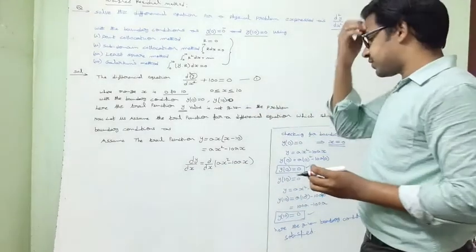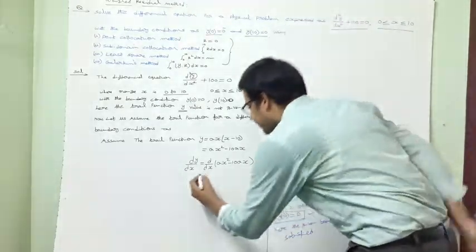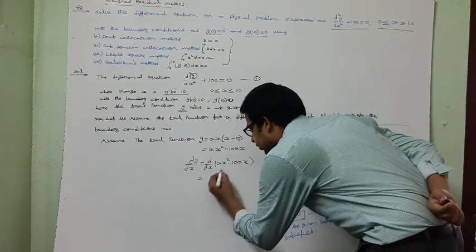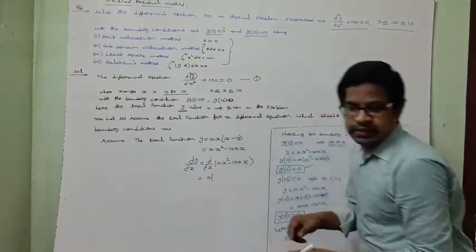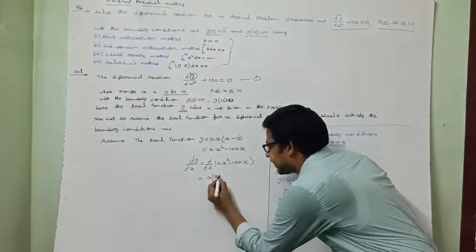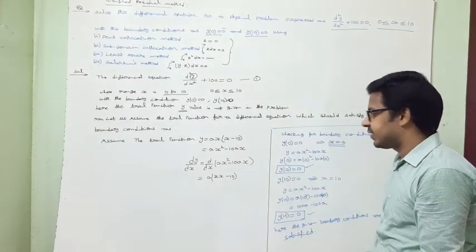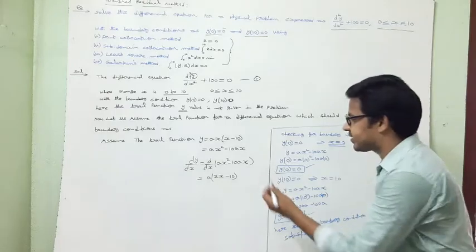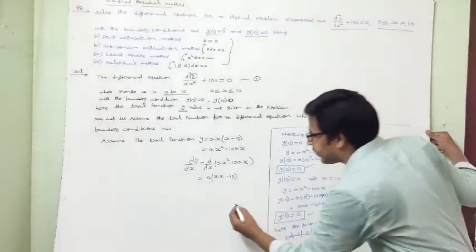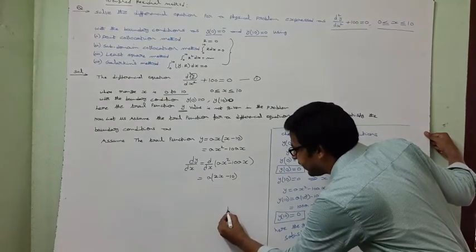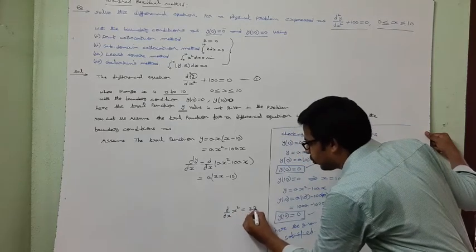Here a is the constant term, so that equals 2x minus 10. And d by dx of x square is equal to 2x.